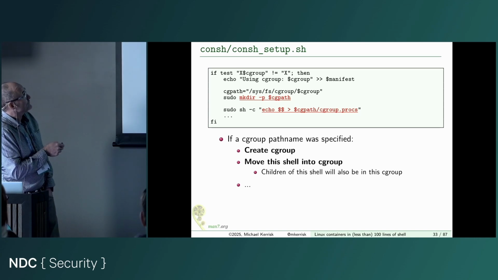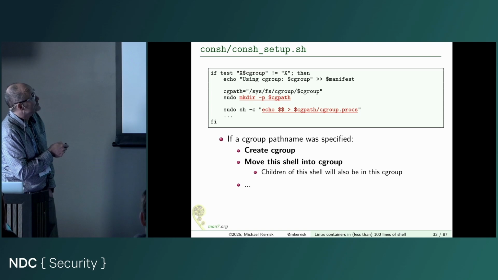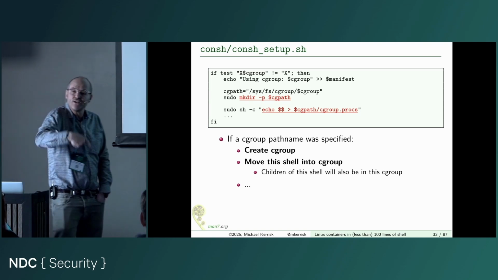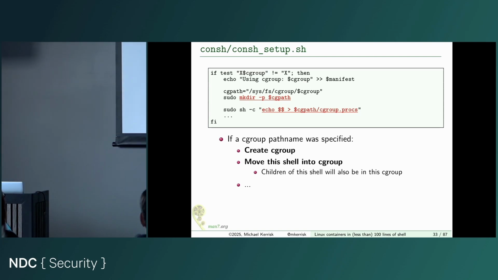I make that directory, sudo mkdir -p, and then I do a shell command where I echo the PID of this shell script into a file called cgroup.procs in that Cgroup. This is the way that you put a process into a Cgroup. You write its PID to that file. And so now this shell script, the shell that is running the script, is a member of that Cgroup.